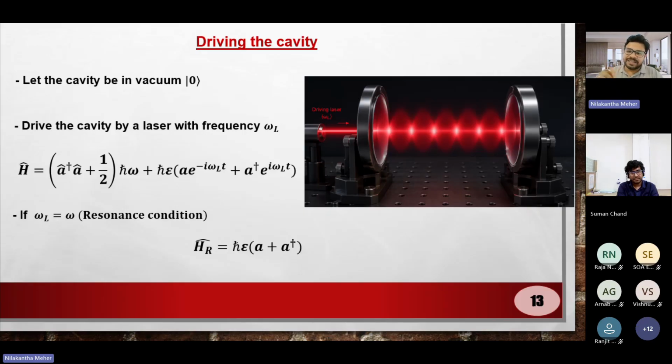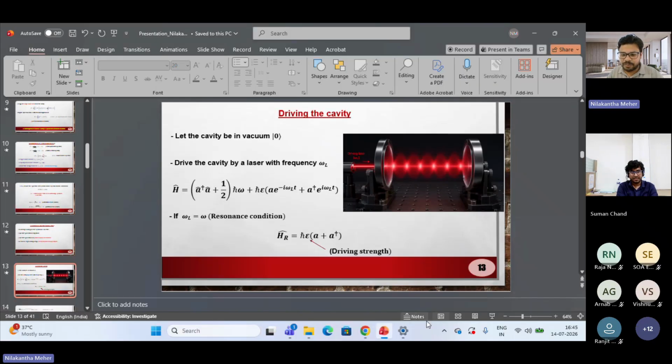In a rotating frame, the free evolution terms of the energy levels become such that under the resonance condition, a delta will appear, and that delta equals 0 because it is resonance. Delta is nothing but omega L minus omega. So under resonance the first term goes away and only one single term remains. Of course, I don't really know what the rotating frame means experimentally. This is really a difficult question for me also.